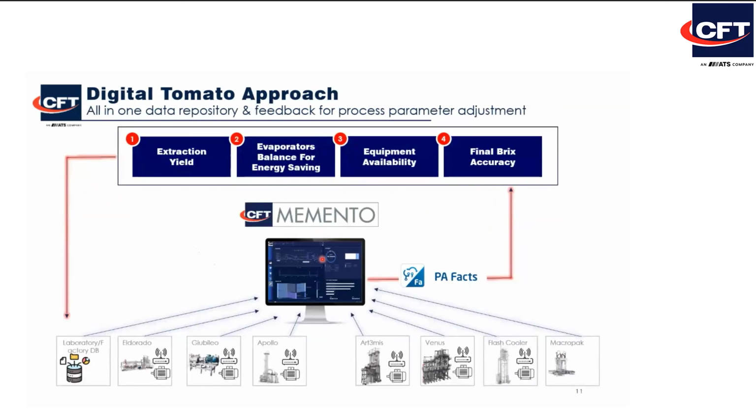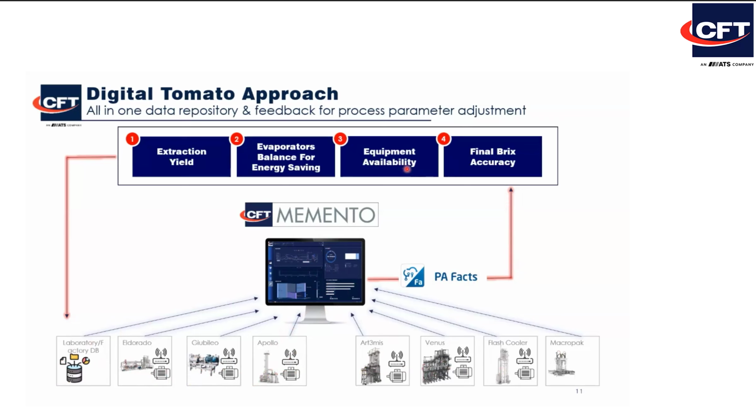This is where we want to bring the factory, where all the input data are collected from a supervision PC, which is part of the supply. No matter where this data comes from, it could be a lab, a dump station, a sampling station or an Apollo evaporator. We then shoot the data into the cloud through PA facts, and at that stage we elaborate them.